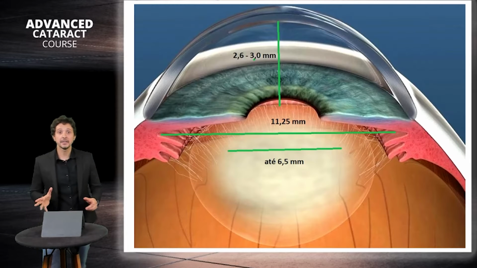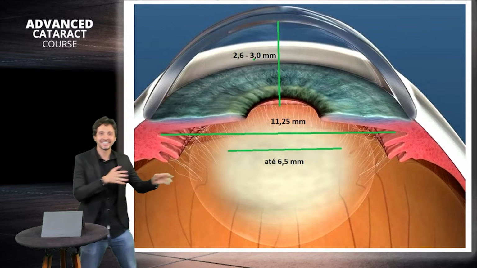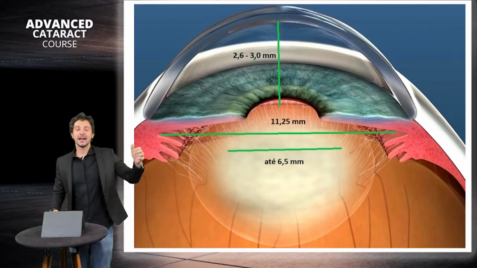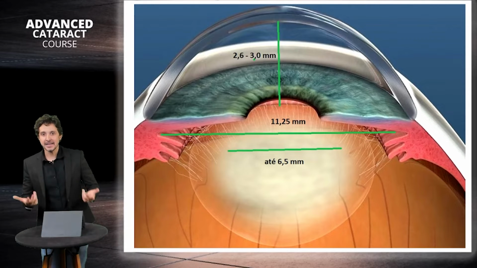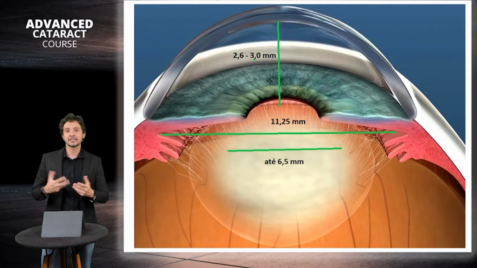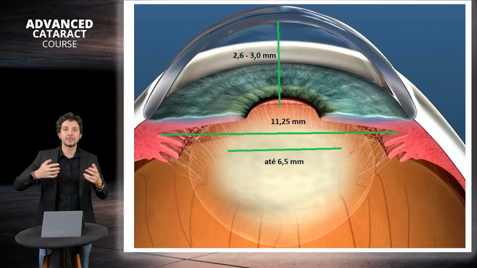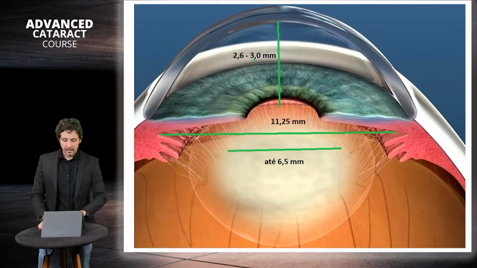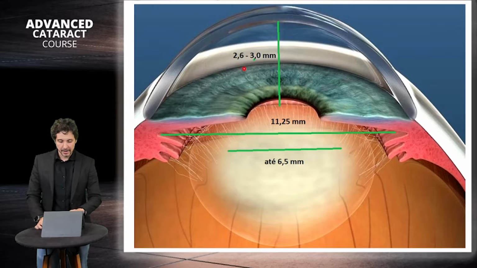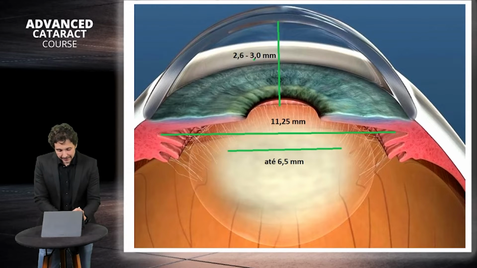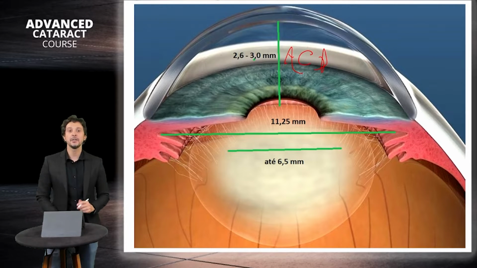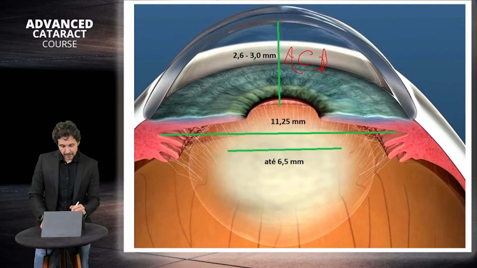Let's go. Here you have a design eye that you discuss some important points, like a resume of the talk. You can see here in my pointer the ACD, anterior chamber diameter.